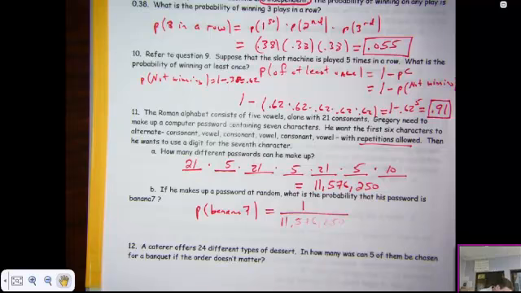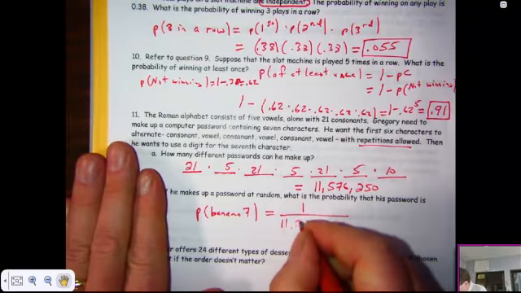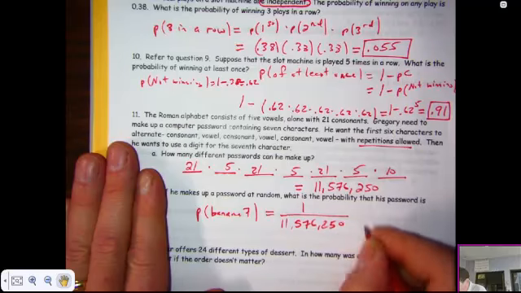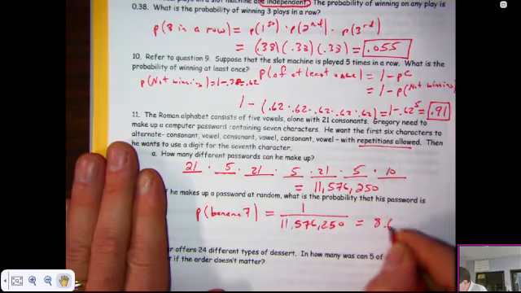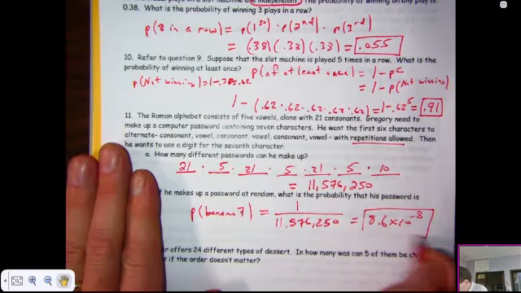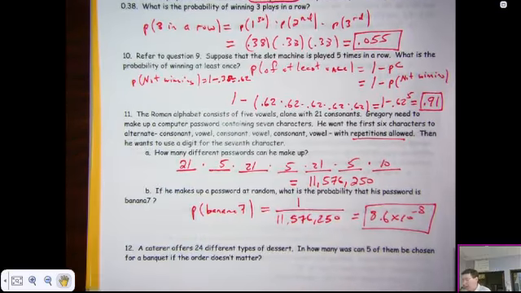And so that would be a very, very small number. I left mine in scientific notation. I got 8.6 times 10 to the negative 8. So a very small chance of getting that.